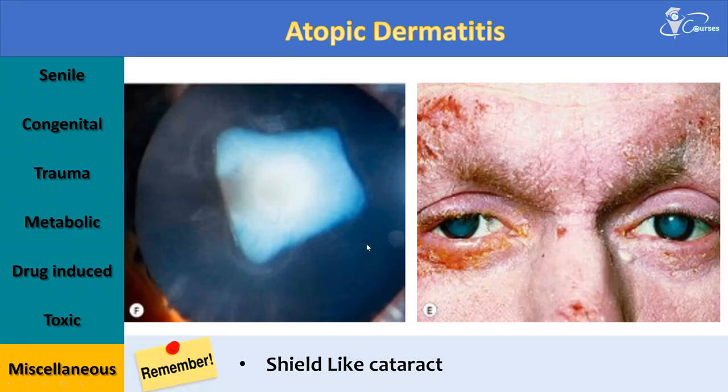Shield-like cataracts are anterior subcapsular opacities resembling a shield, present in patients with atopic dermatitis. This was also asked before in the exams.